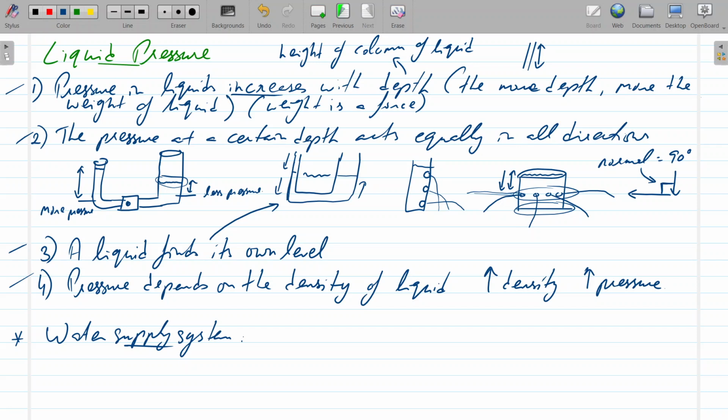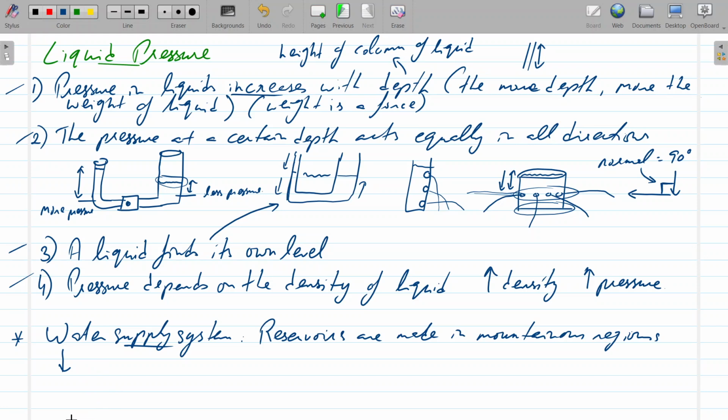So dams or reservoirs of water are made in mountainous regions. Why? Because they're high up, and the higher up they are, point number one applies. When they are supplied to the city or the town, they move down, and the lower a point of supply is, the more pressure it will have.